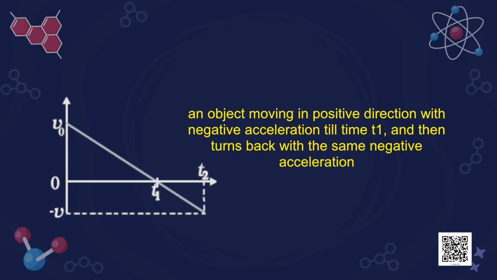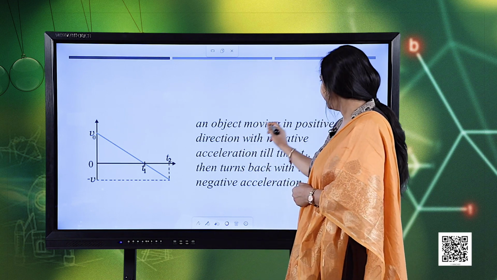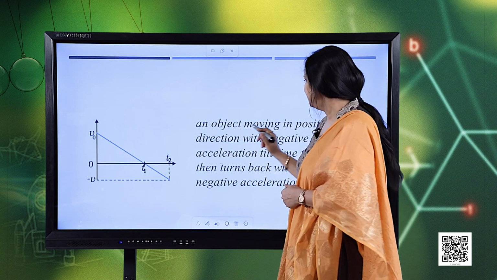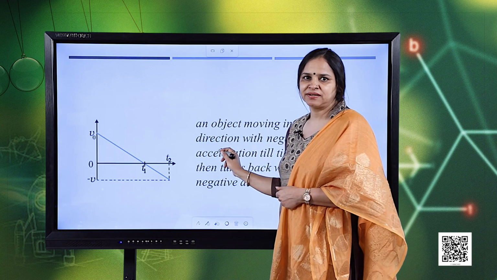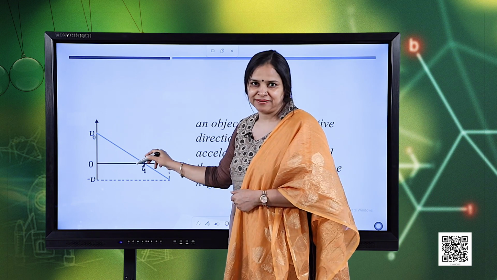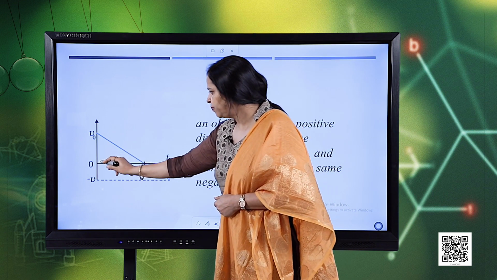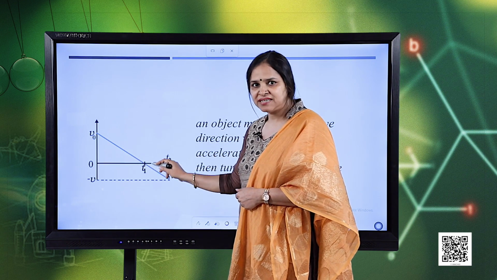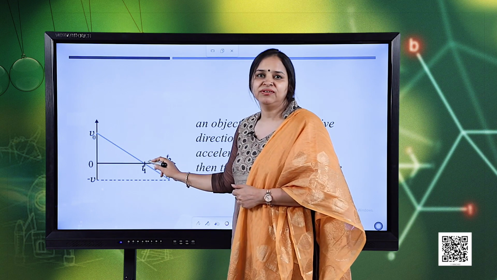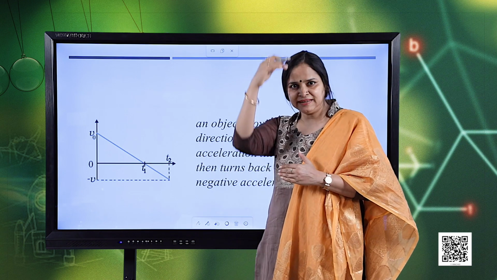Now, look at another situation, another VT graph where the initial velocity is towards the positive. It is the motion of an object which is moving in the positive direction with negative acceleration. Why negative acceleration? Because we see that the slope is negative. Also, if we look at the time interval between 0 and t1, when the time is t1, the velocity reaches 0. What does it mean? It is only possible if the velocity is decreasing.